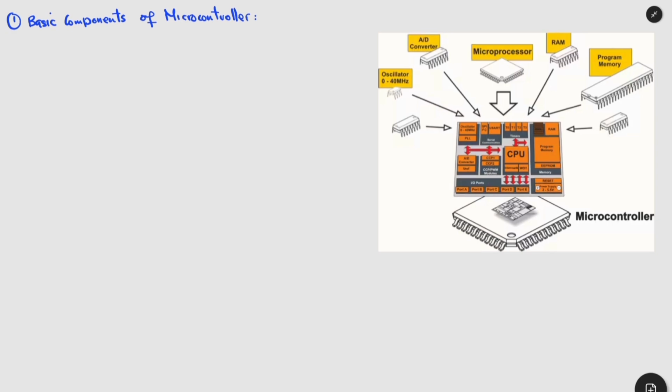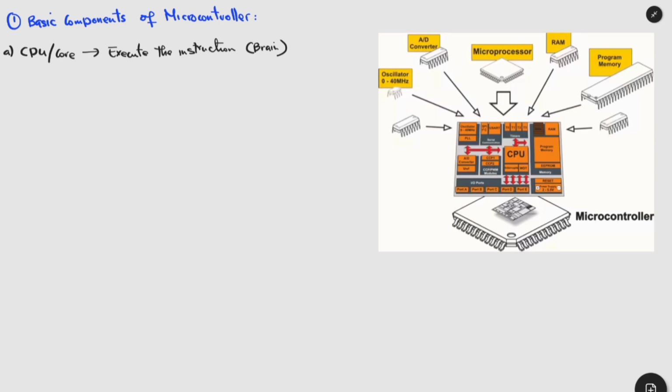The first component of a microcontroller is known as the CPU, or the core of the microcontroller. What the CPU does is execute the instruction. Therefore, it can also be regarded as the brain of the microcontroller, because in order to perform a specific task, there should be an instruction embedded into the microcontroller.